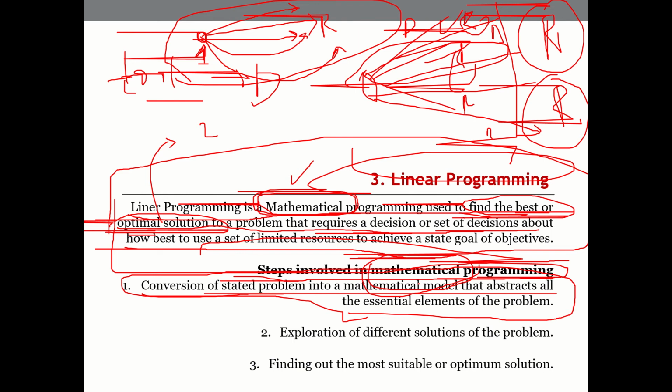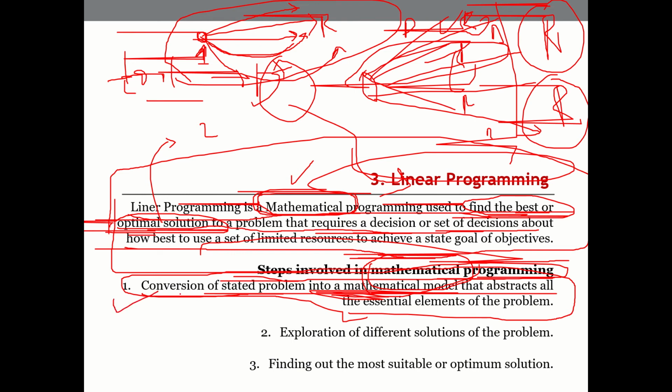That means all this qualitative information needs to be converted in the form of numbers, through some mathematical models. So that's the first step that we need to do when we have to construct linear programming. We will see this with an example.